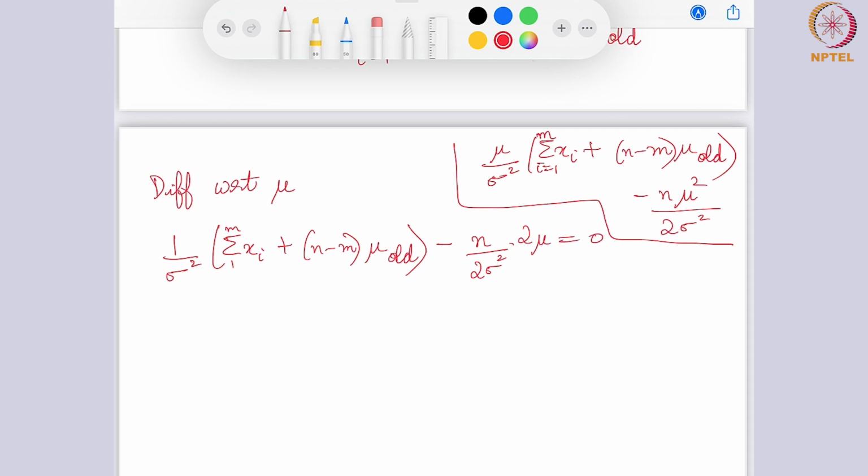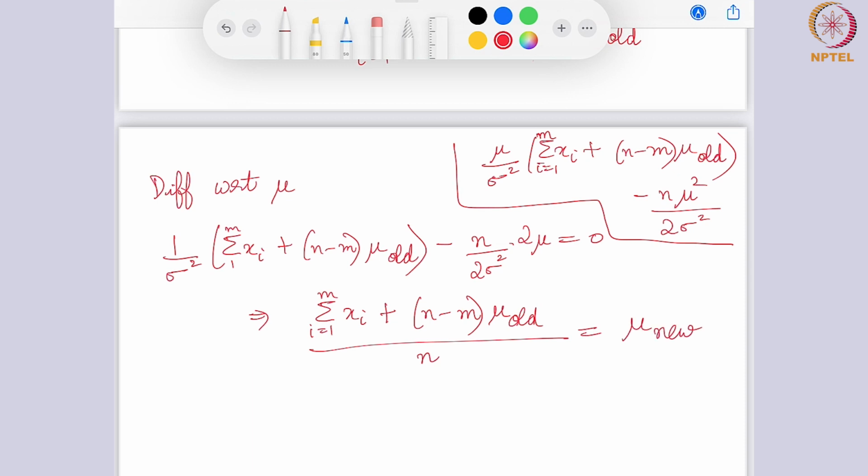The 2 and 2 would cancel out, sigma square would go away, and what you will be left with is summation xi, i from 1 to m, these are the observed values, plus n minus m times mu old. Again, this would be the old parameter estimate, and divided by n, this is basically your new estimate for the parameter.